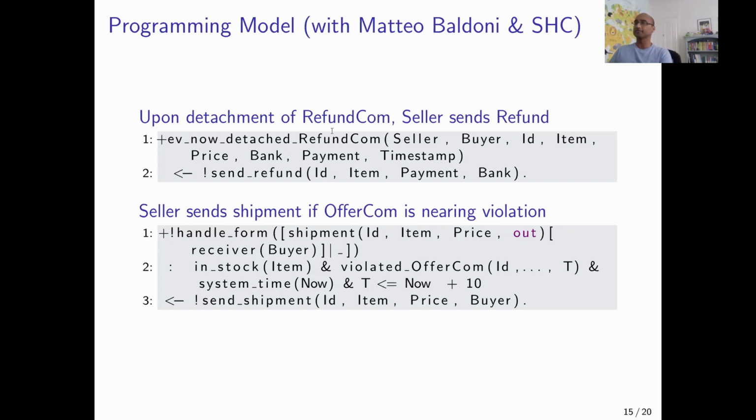You're saying that if the offer com commitment is violated, then send the refund. You could write other kinds of business logic. If some commitment is nearing violation, then you can send the shipment. So you can imagine the seller has some strategy by which it's discharging its commitments. And its strategy here happens to be that as it nears violation, it takes care of it, which is what we often do with many of our tasks.